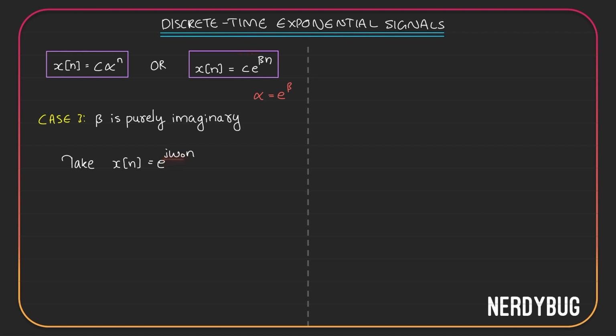We took it as j omega naught. We can use Euler's relation here also. By Euler's relation, we can write e raised to j omega naught n equal to cos of omega naught n plus j sine of omega naught n.